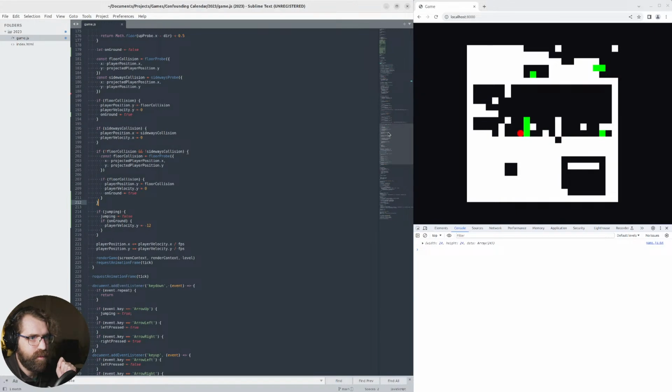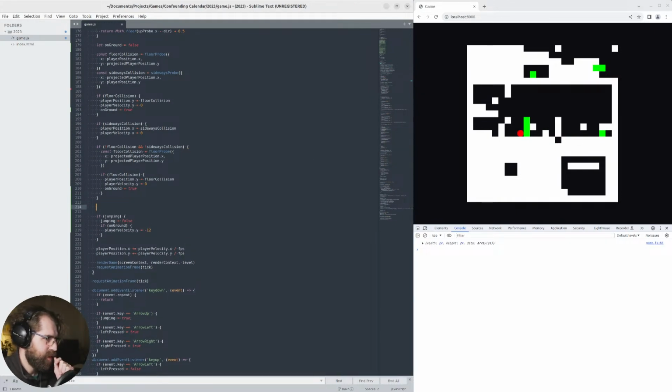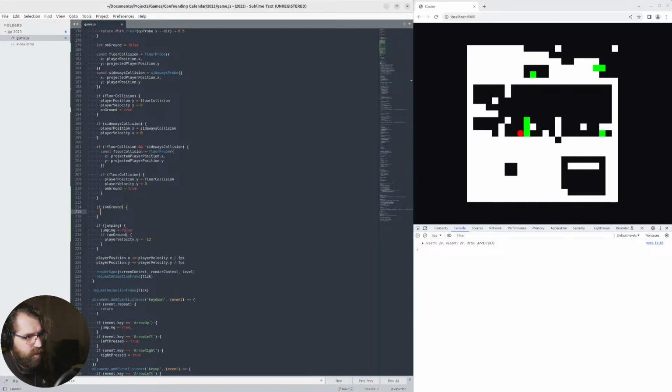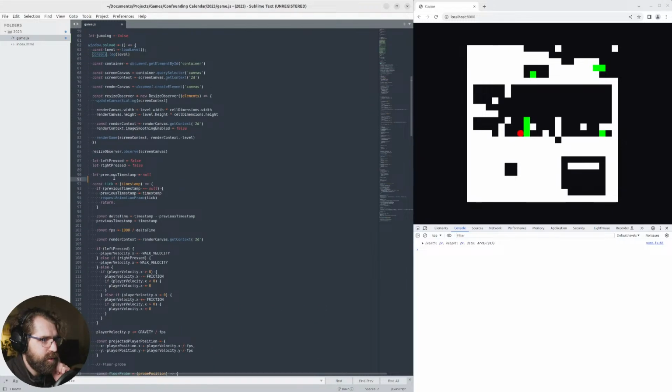So if on ground, we're going to set some kind of last on ground to the current timestamp. This should be fine. And we can short circuit if we're currently on the ground.